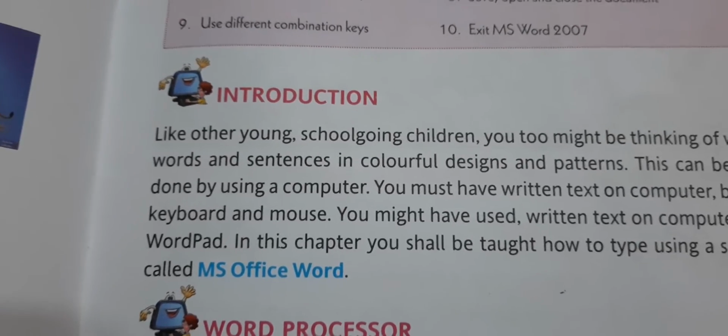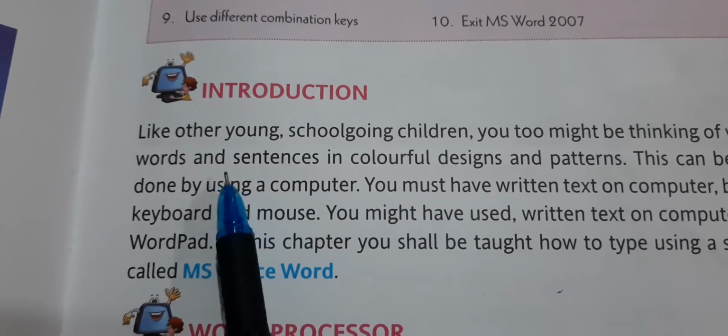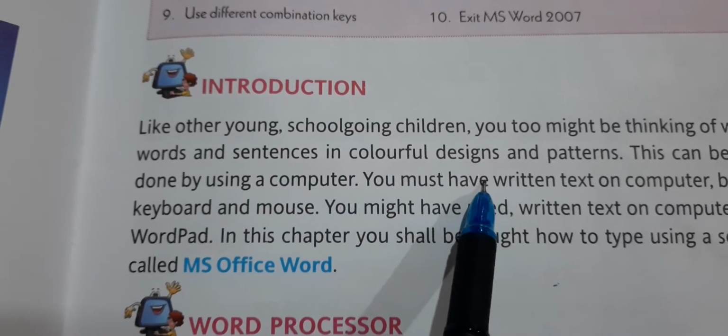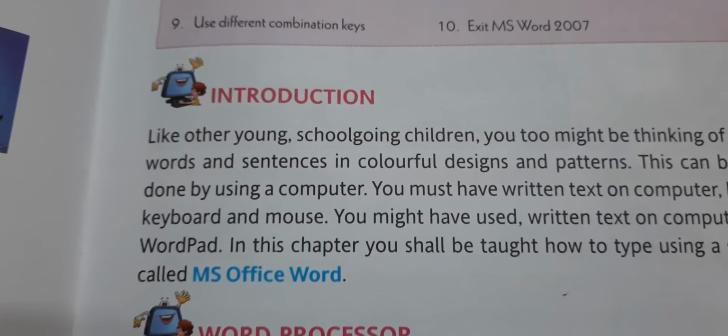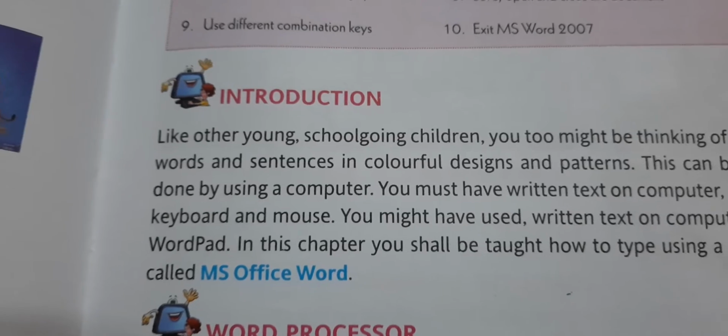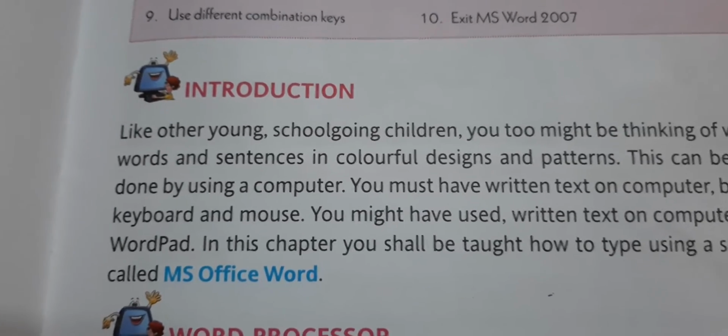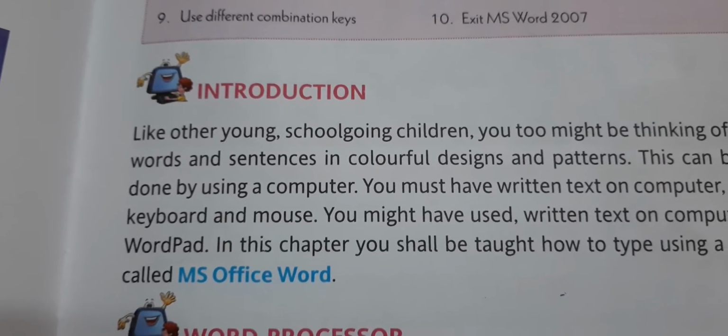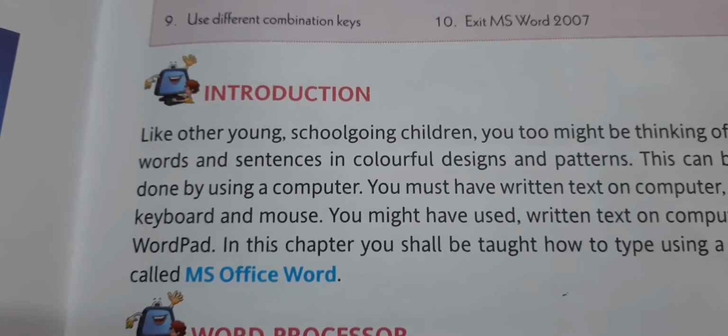But we like decorative things, so to make the written text decorative, we need to use some software, some application on the computer, so that our text looks very presentable and very attractive also.